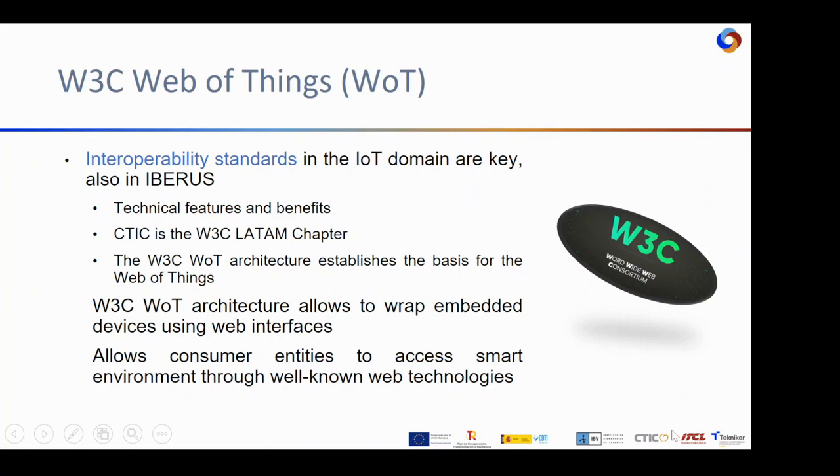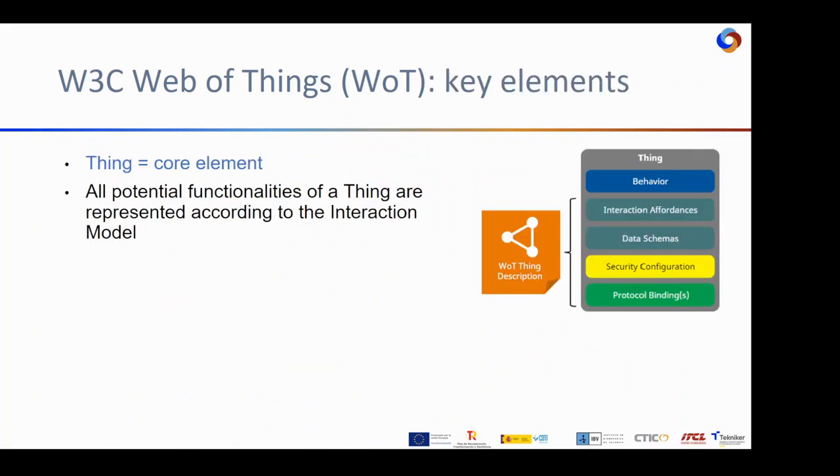Within the WoT ecosystem, the thing is the primary element. A thing can be any physical or virtual entity that has a representation in a WoT system and exposes functionalities as interactions. All potential functionalities of a thing are represented according to the interaction model, which defines three interaction types: properties, actions, and events.